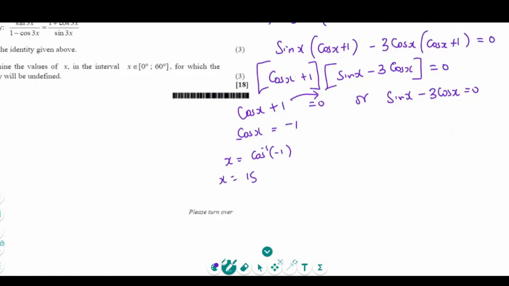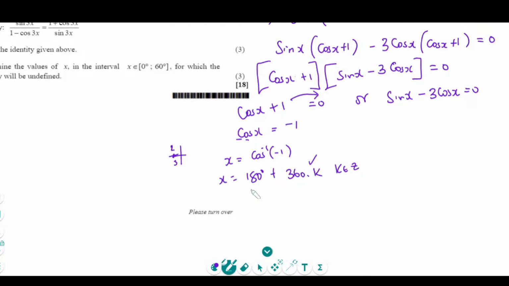So x is going to be 180 as my reference angle, plus we know that the period of cos is 360 times k, where k is a set of integers. Since 180 is on the line of quadrant 2 and quadrant 3, and those are the two quadrants where cos is negative, there is no other angle within 0 and 360.